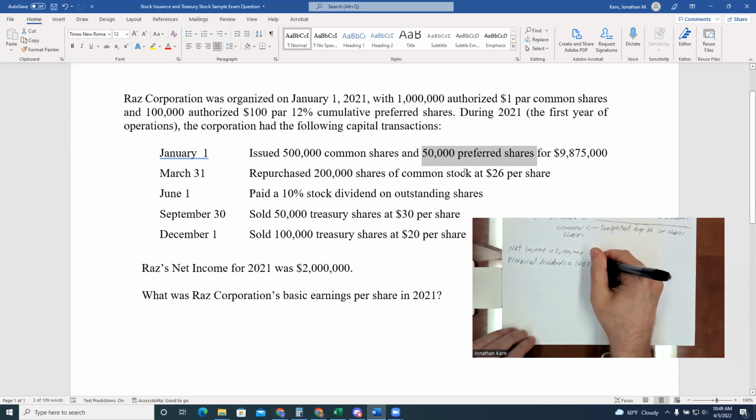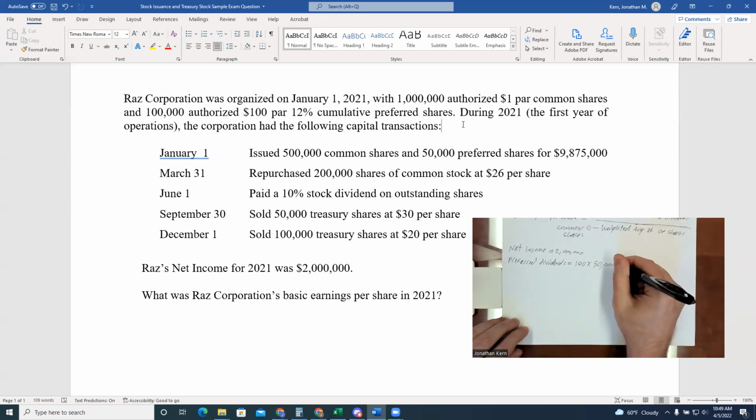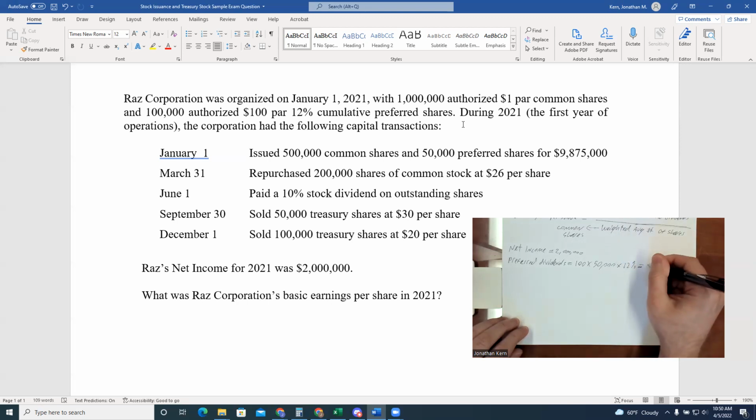So we're going to multiply by 50,000, not 100,000. You need to make sure you only account for the outstanding preferred shares, which this dividend would be paid on. And then we will multiply by the 12% rate. When we do that, we'll end up with a $600,000 preferred dividend.